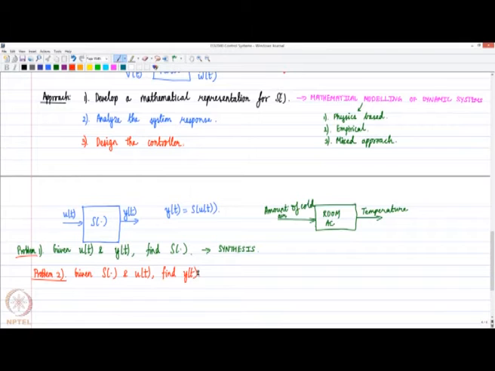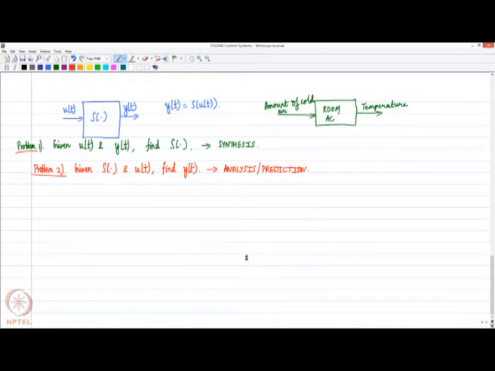So, I can predict the temperature variation without buying the air conditioner, installing it and testing it, and make a well informed choice as to which AC to buy. This problem is called the analysis problem or the prediction problem.